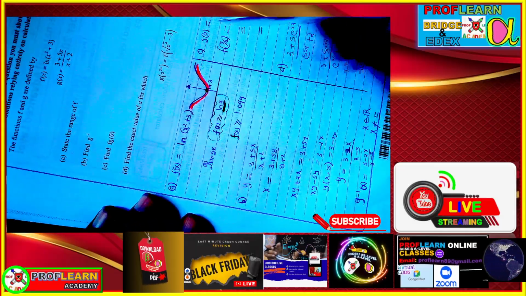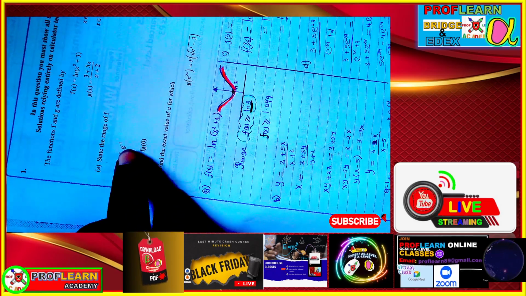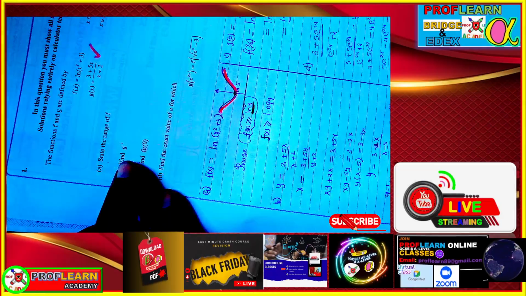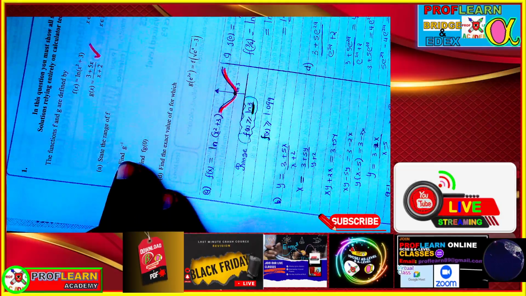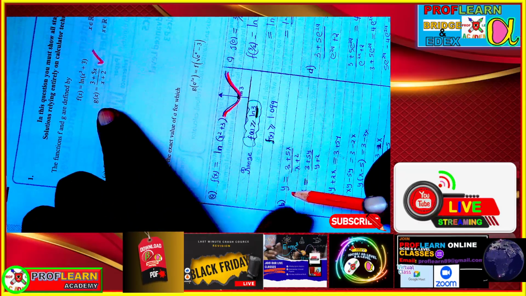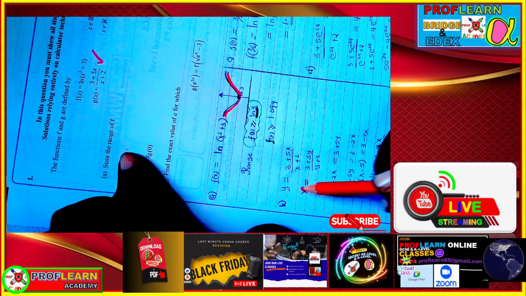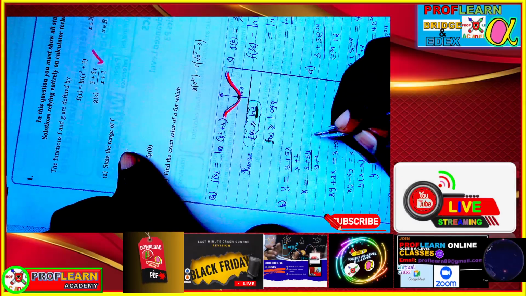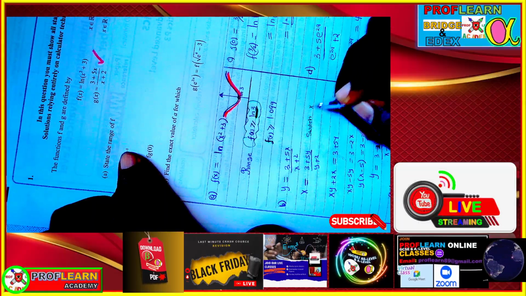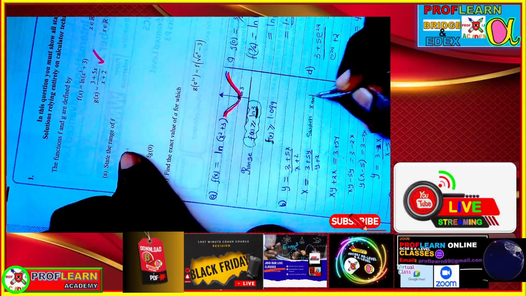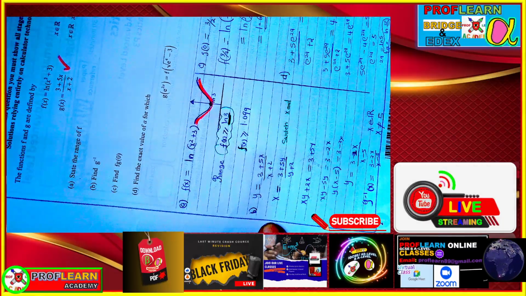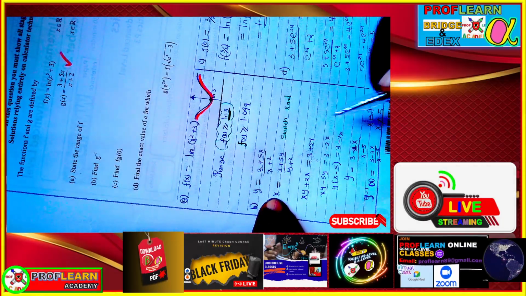Then the next question was to find the inverse of the g function, and you can see the inverse well seated here. You need to change g of x to y the way I did it here, and then we are going to switch x and y. Where you have x, you replace that with y, and where you have y, you replace that with x.